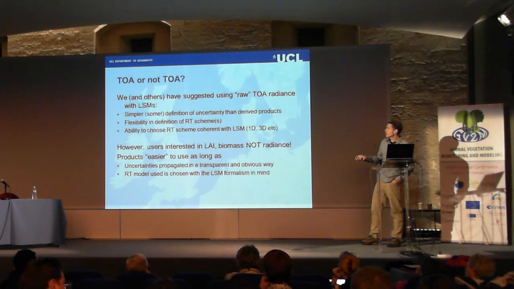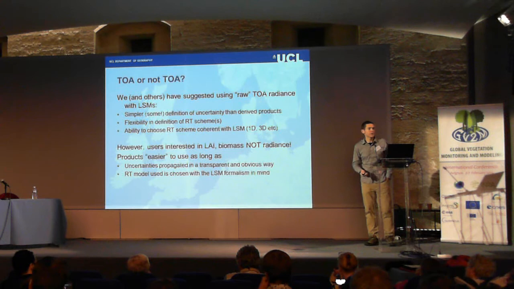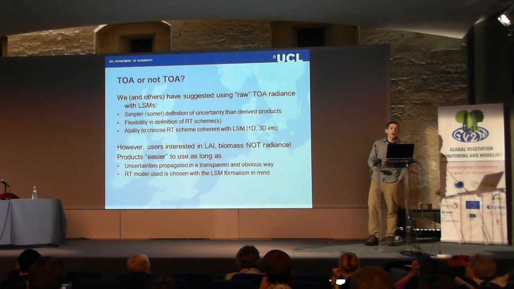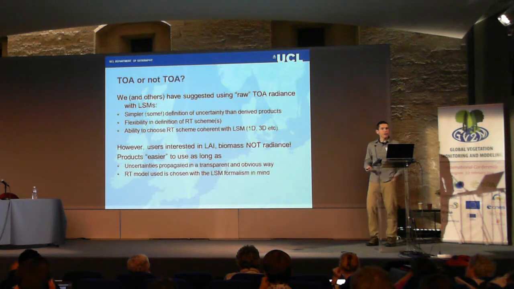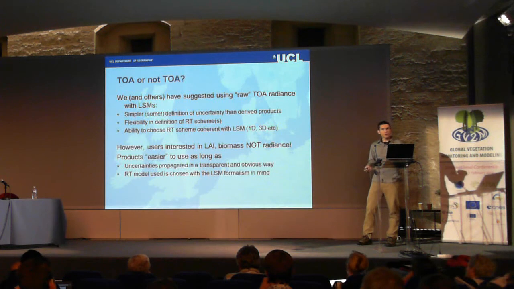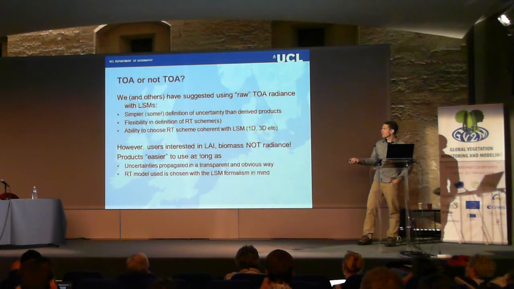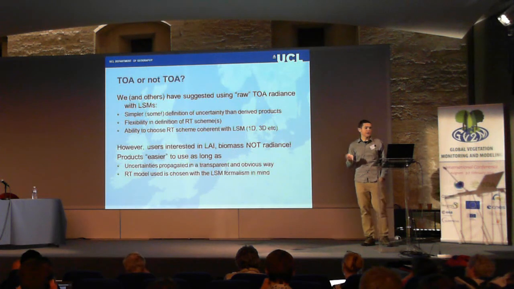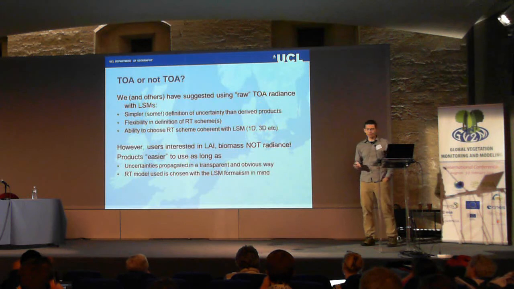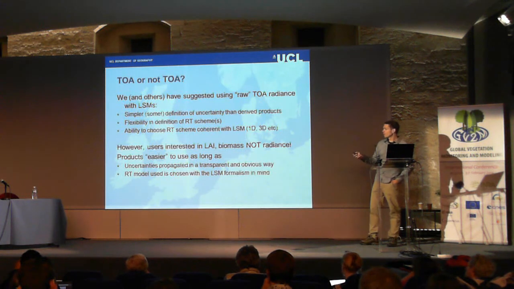So maybe using the derived products is fine, and it's much easier to include in modelling work, if the uncertainties can be propagated in a transparent and obvious way, and that's the 'if' really.